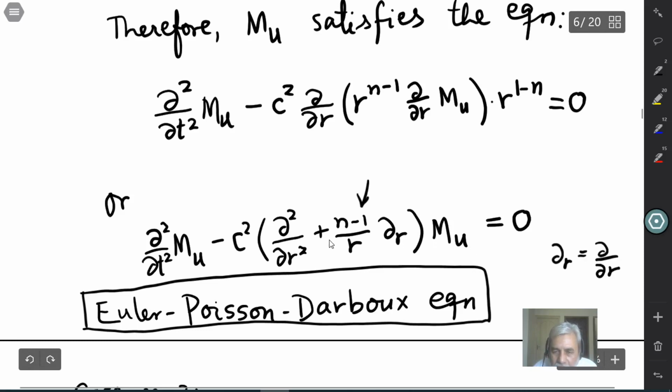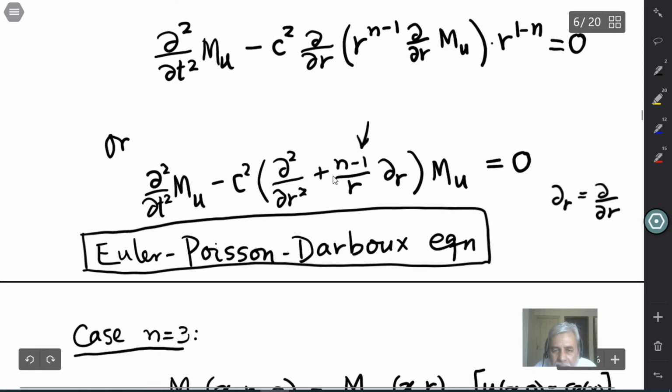So if this first order derivative were absent, then we simply get a wave equation in one dimension. But in the presence of this, there are some difficulties, and that we have already seen.